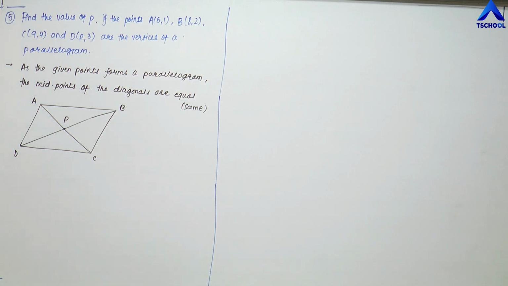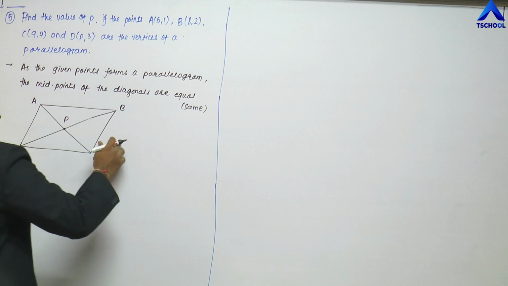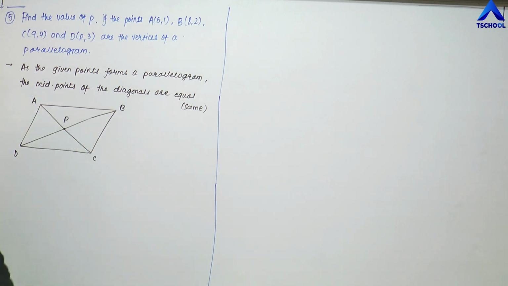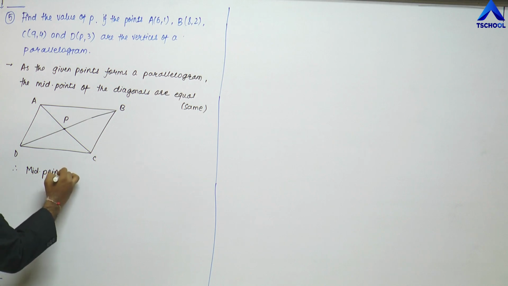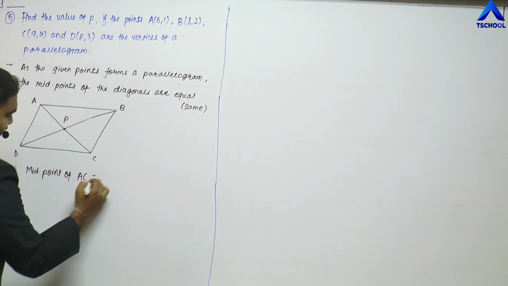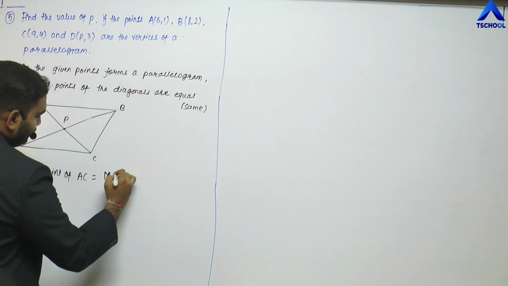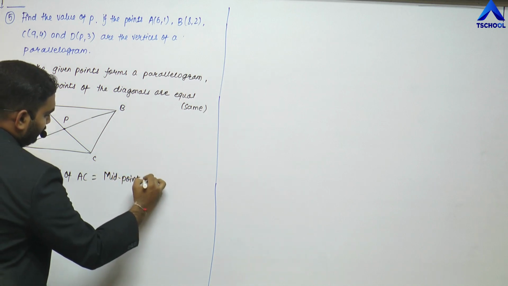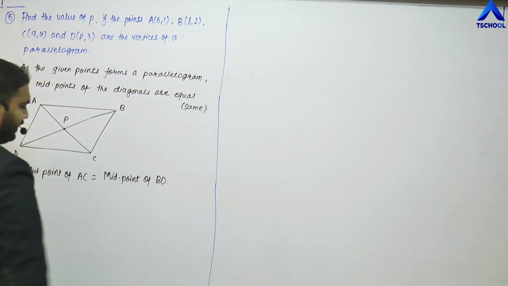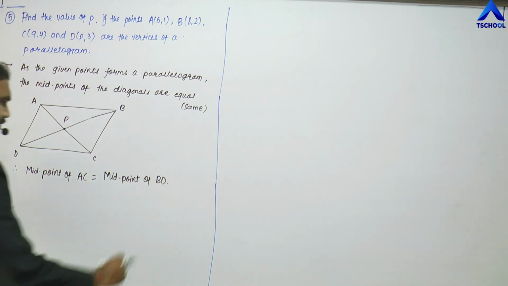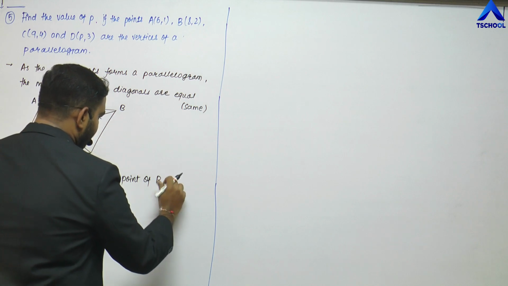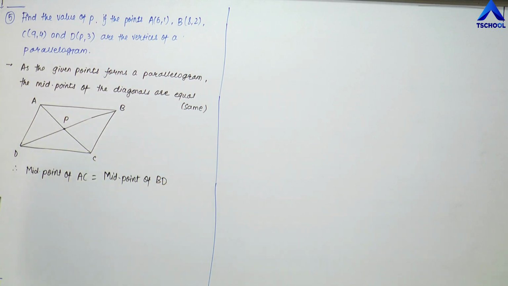Is it clear? So this is how you can see that the midpoints of the diagonals of a parallelogram are equal. Therefore, here the midpoint of AC is equal to the midpoint of BD, right?